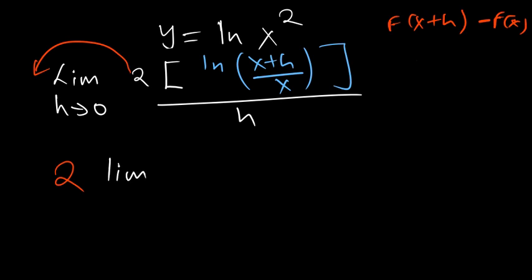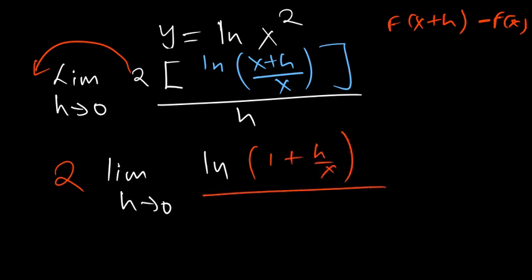So 2, the limit as h approaches 0, and then you end up with a natural log; you can divide by x out there, and you remain with 1 plus h over x, divided by your h. You know what to do at this point, right? Let t be equal to h over x. If you make h the subject, it becomes tx.